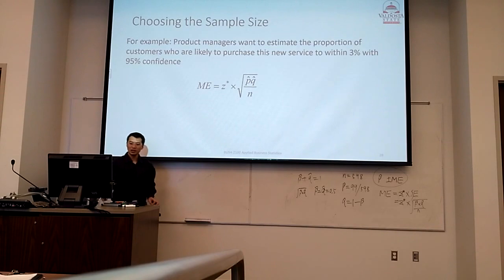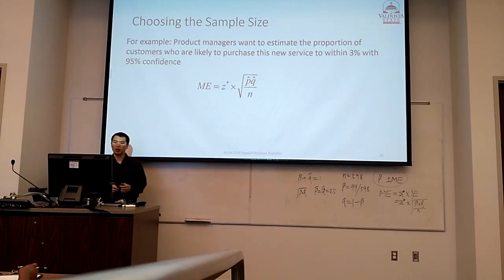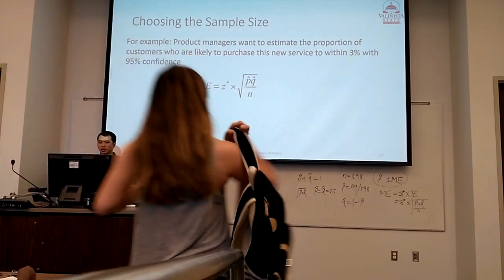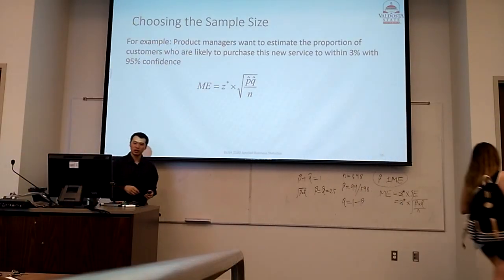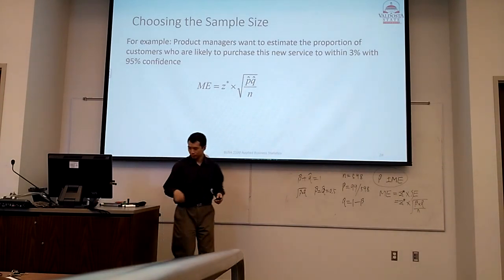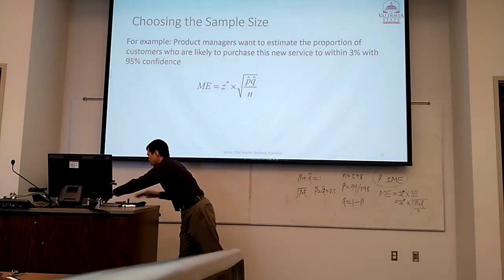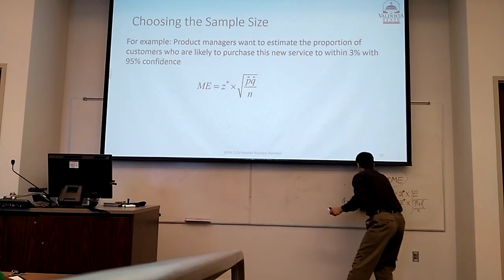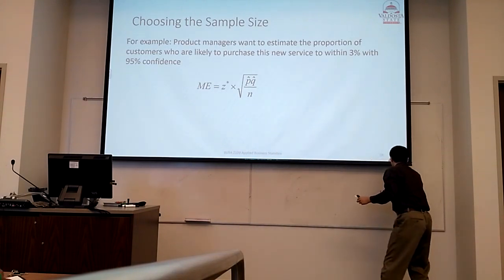A product manager wants to estimate the proportion of customers who are likely to purchase the new service within 3% with 95% confidence. So from the description, we know some of the information.